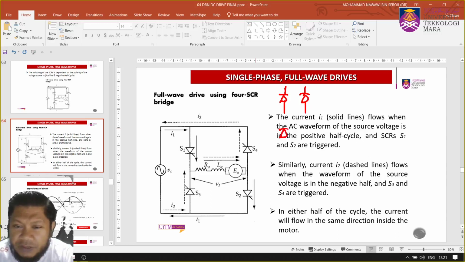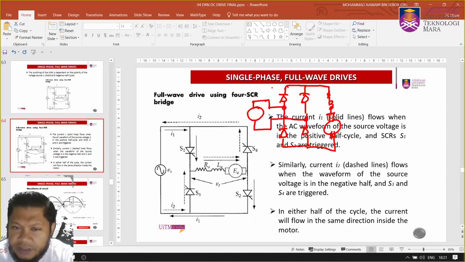Normally we draw the circuit in this arrangement, and then we have this R, L, then the back EMF here, and this is your supply. So we have S1, S2, S3, S4 there.